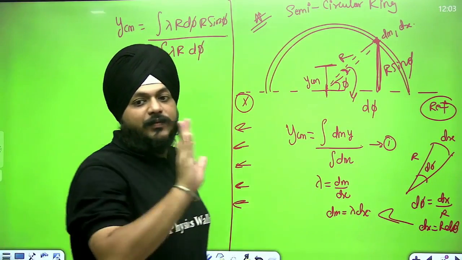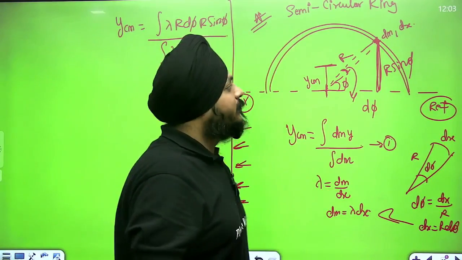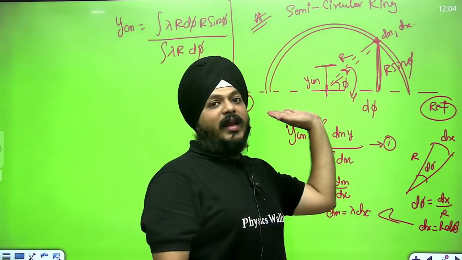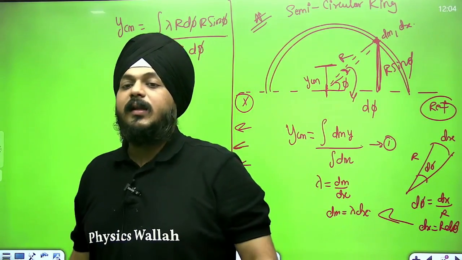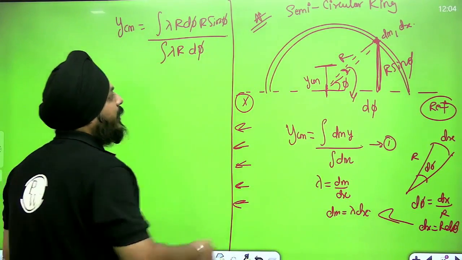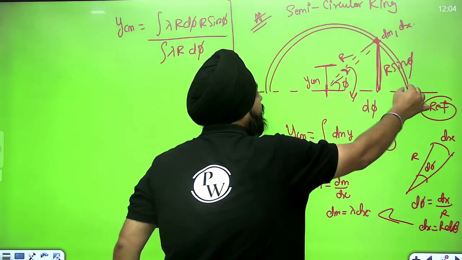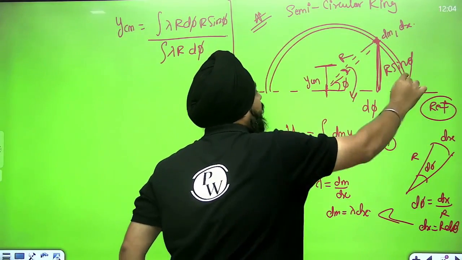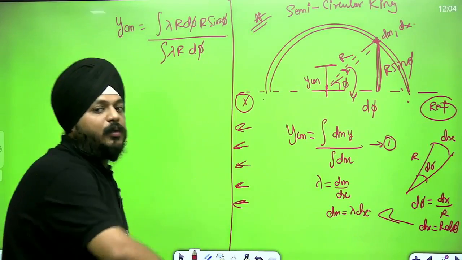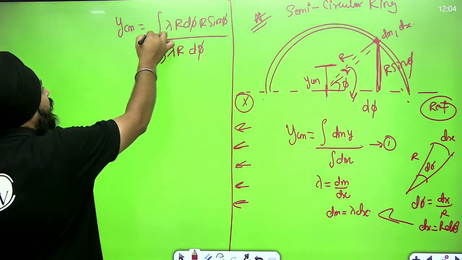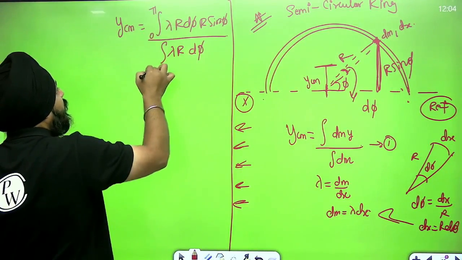What are the limits of this integration? This semicircular ring is subtending from 0 to 180. This elemental mass is changing its angle from 0 to 180, starting at one point and going to another point, with the angle 180 in the anti-clockwise direction. So the limits are 0 to pi.